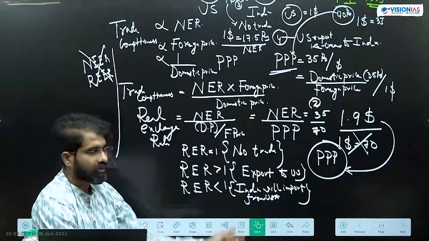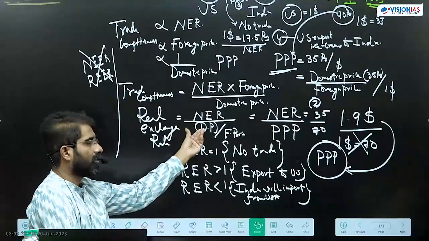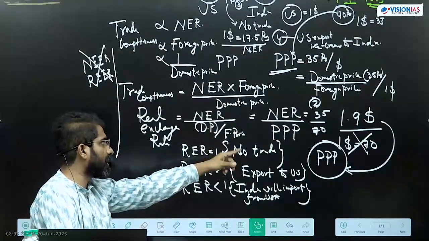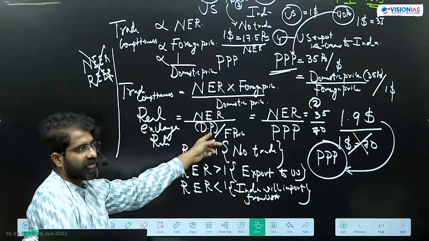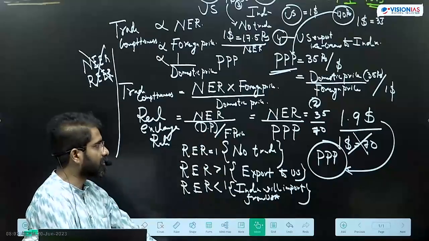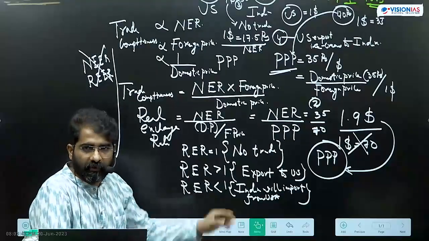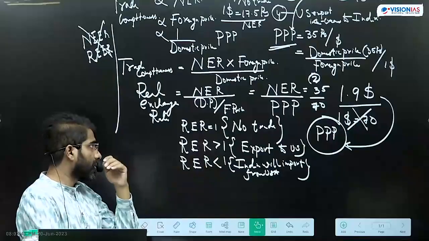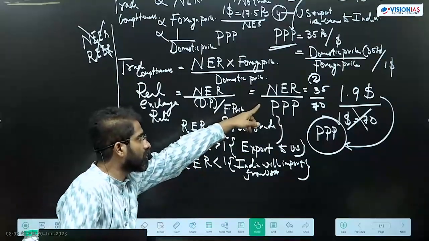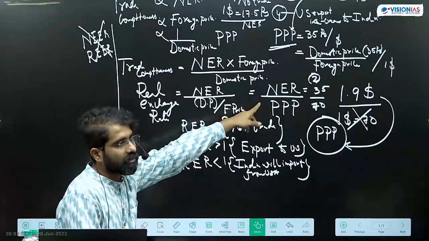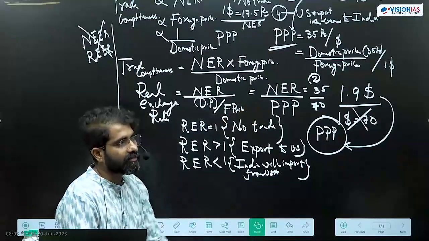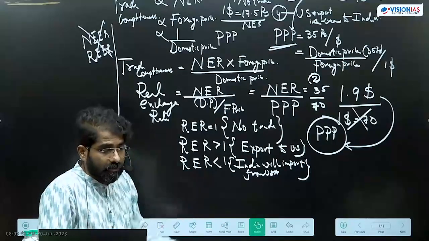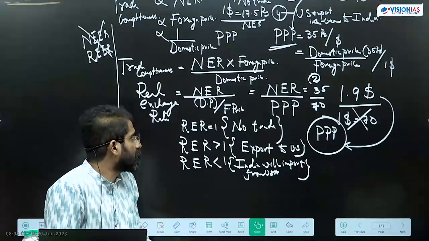So that is equal to nominal exchange rate divided by domestic price by foreign price. That is equal to nominal exchange rate divided by PPP, because PPP is nothing but domestic price to foreign price.